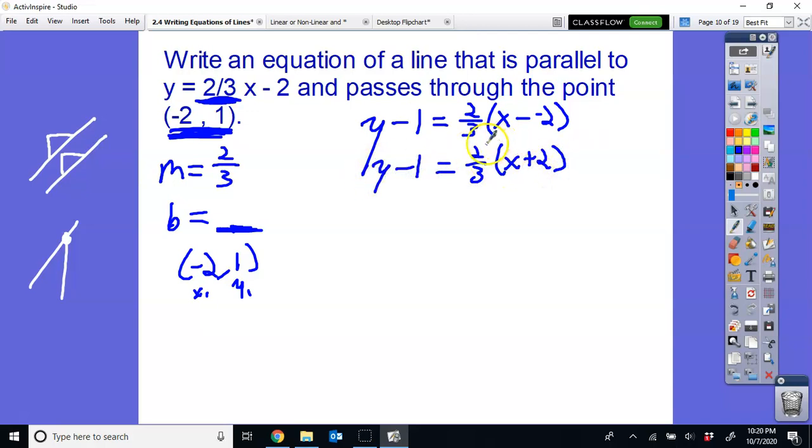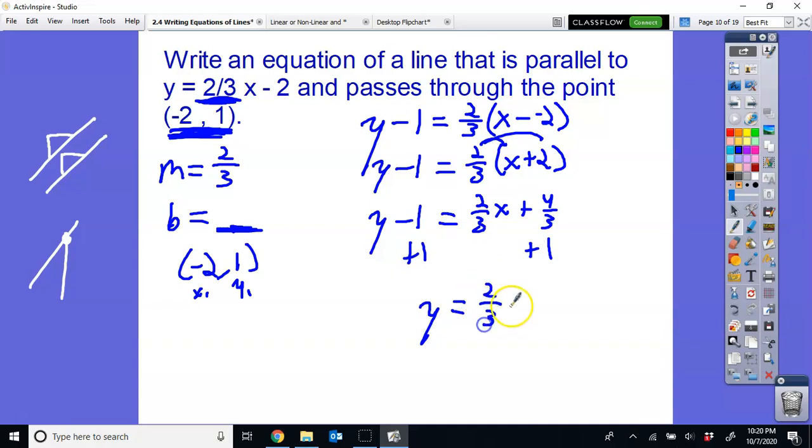So I'm going to distribute this. 2/3 times x, 2/3 times 2, that is 4/3. Yes, guys, I did that in my head. You can use a calculator. Then I take this and I add 1, and I'll get my equation of my line. y equals 2/3 x, 4/3 plus 1.